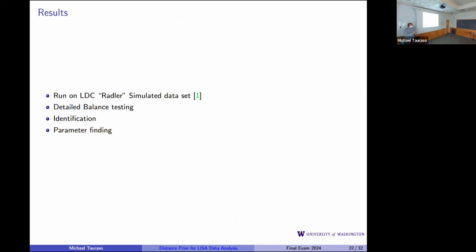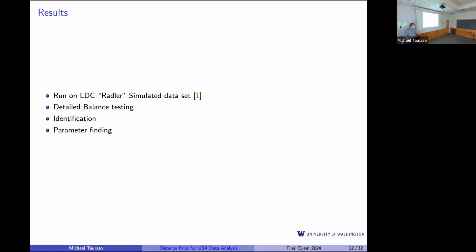Talking about results, I've made all these changes to this program, so these are the results. I'm running on LDC's Radler simulated galaxy, which is one of their simpler ones. And we're going to start looking at detailed balance testing.